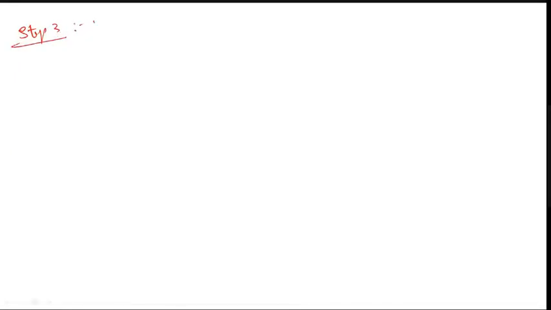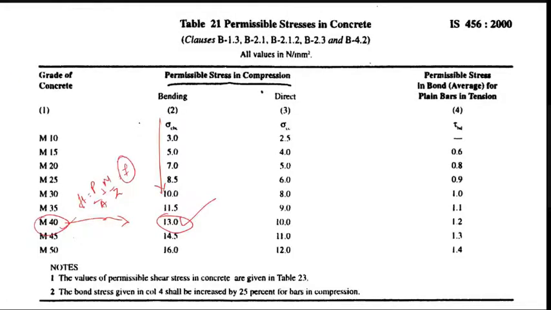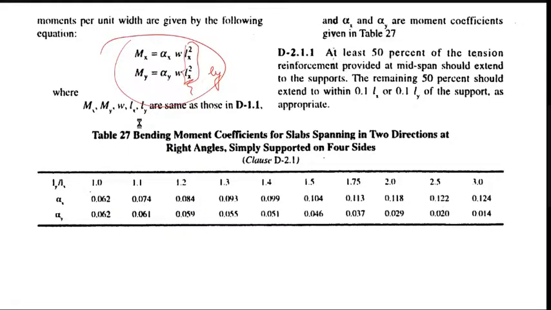Okay, bending moment and spacing. First see Ly by Lx, how much we have got? We have got 1.5. So what to do? Just go for IS 456 and go for 4 edges discontinuous.